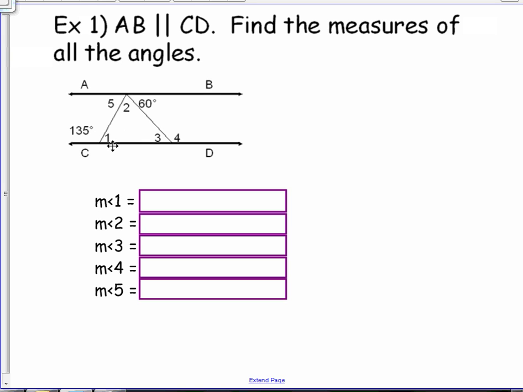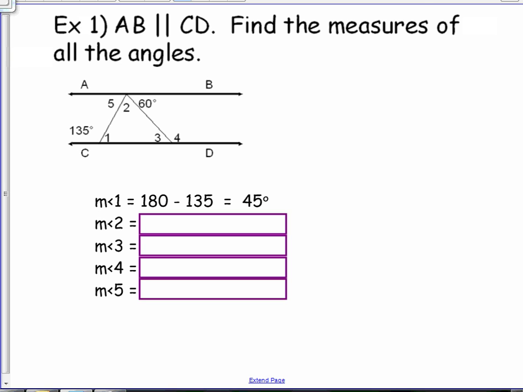Now, if I were to take angle 1 and add it to 135 degrees, it should equal 180 degrees. So if you do that, you can take 180, subtract 135, and you should get 45 degrees.